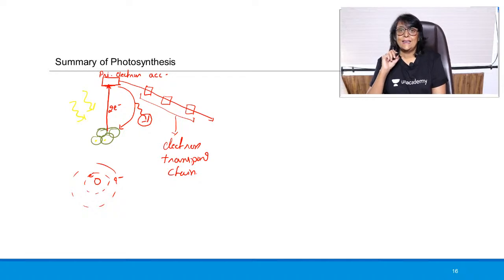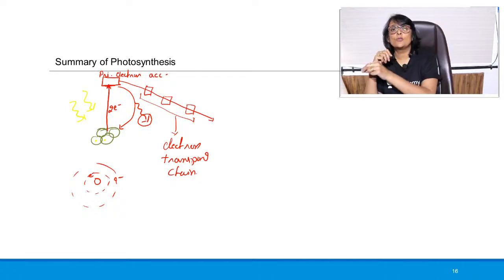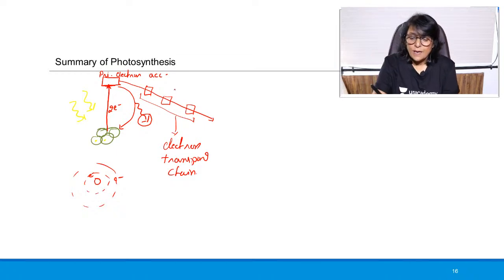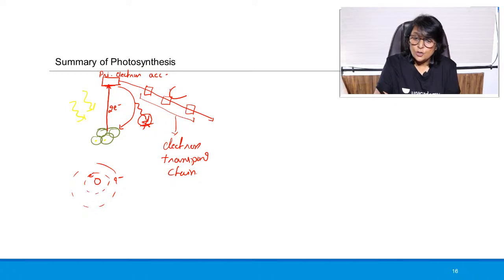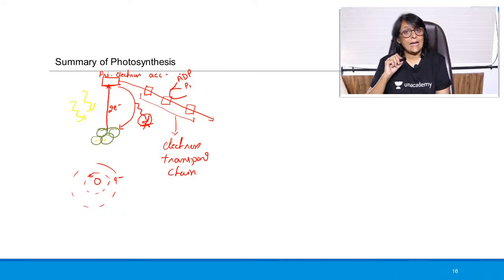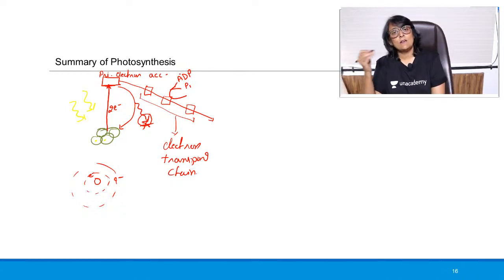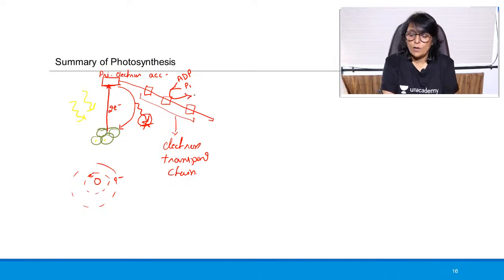Now when the electron passes through these electron acceptors, at one place the electron releases that extra energy which it was releasing here, and that energy is used to add phosphate to adenosine diphosphate, ADP. And if you add one phosphate to ADP, what is synthesized?